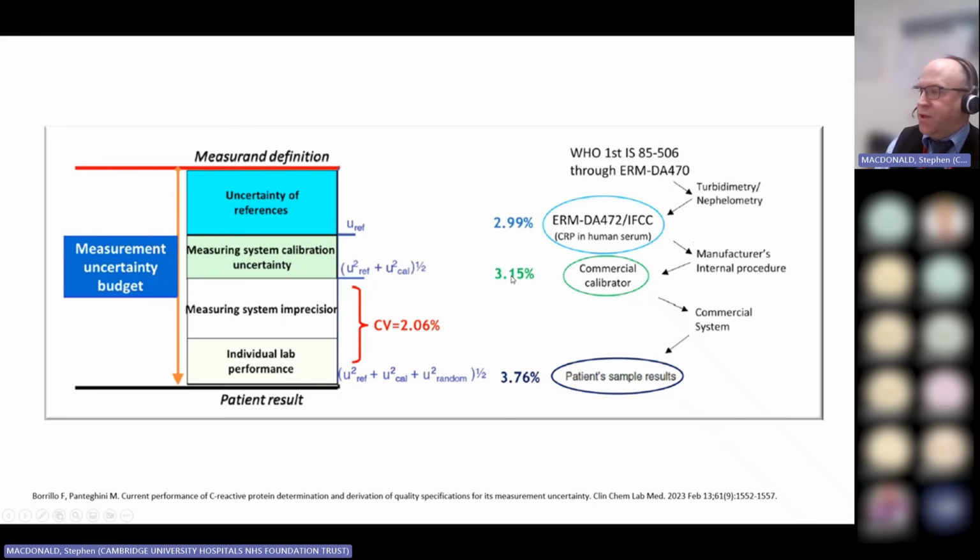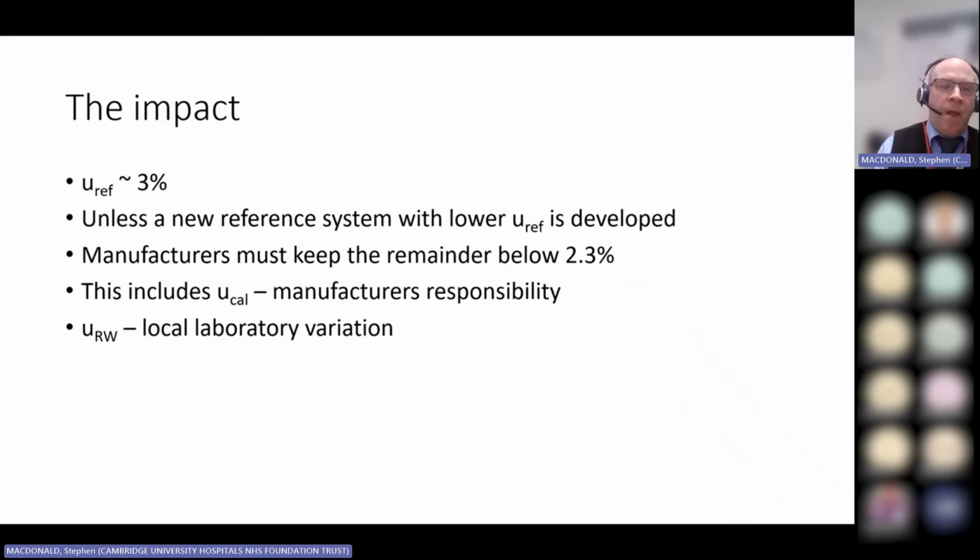So there's opportunities across the board here to reduce the overall uncertainty, and the onus isn't completely on us within the laboratory. The onus can also be on our IVD manufacturers to improve their calibration, their UCAL, but also on the assigned value of the reference materials as well.